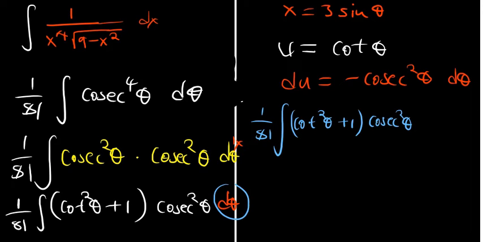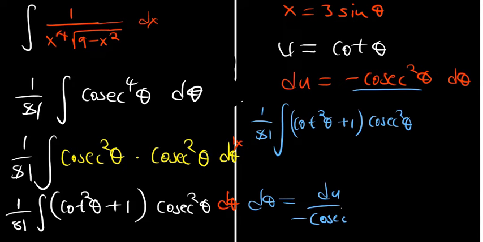Where we've got d theta there, we can actually make d theta the subject. So we're going to divide both sides by negative cosecant squared of theta. Our d theta therefore becomes du over negative cosecant squared of theta.